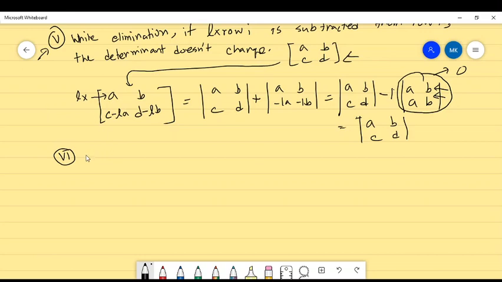Okay. So our next property is very easy. A complete row of zeros leads to a determinant which is 0.